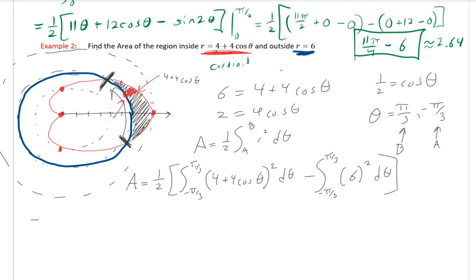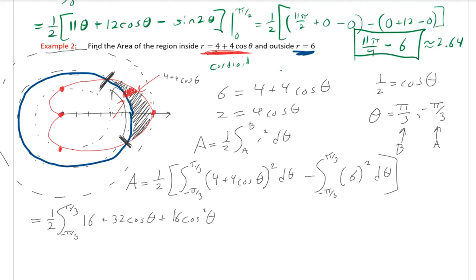Some of this isn't too bad. We can solve some of this already. This would just give you 36 theta times 1/2, so it's going to give you 18 theta. So we're going to have 1/2 times this integral from negative pi thirds to pi thirds. And this squared will give you 16 plus 4 times 4 is 16 times 2 is 32 cosine theta plus 16 cosine squared theta.